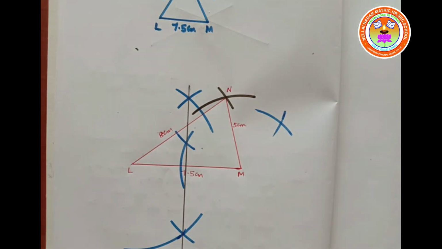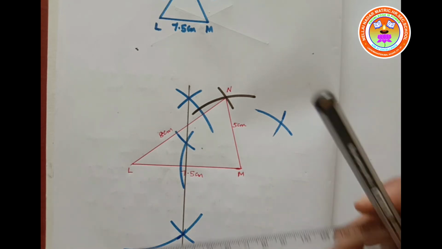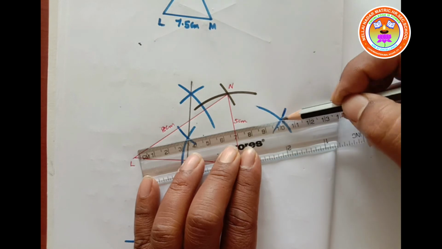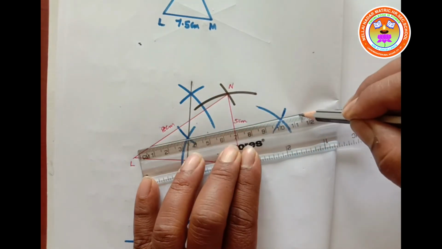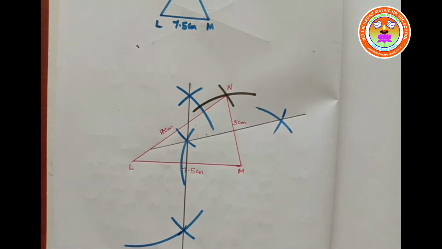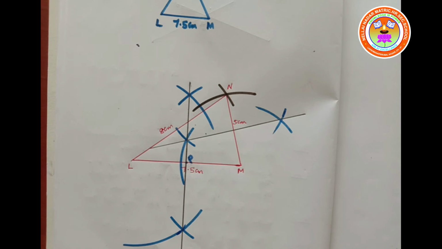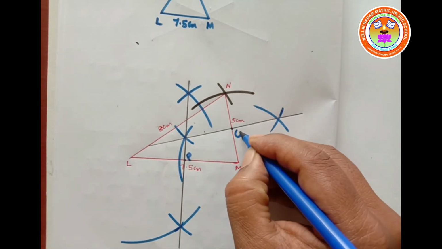Now with the help of scale, draw a line. It's clear, children? Now this point from L and M intersect at point P, and this point is Q.